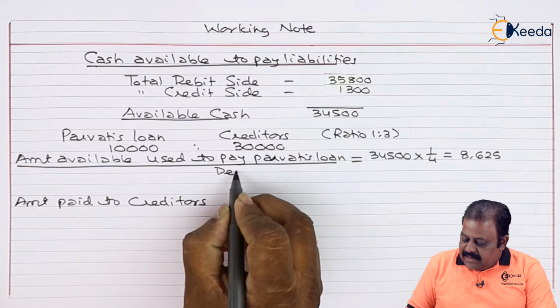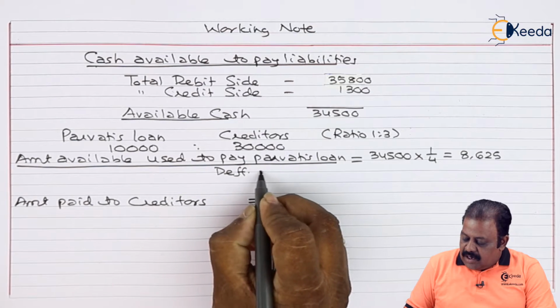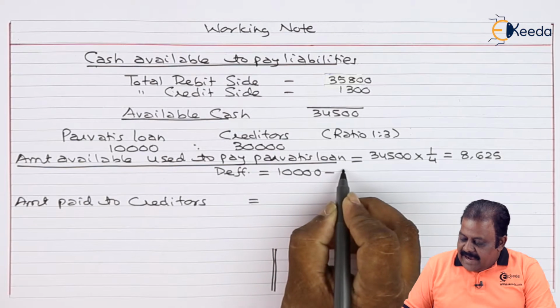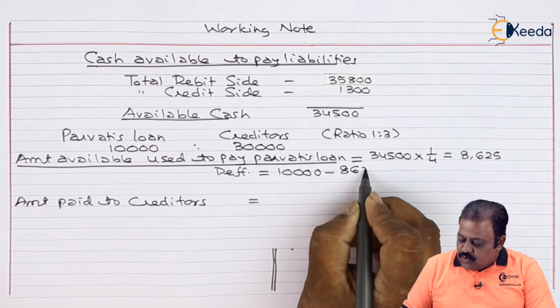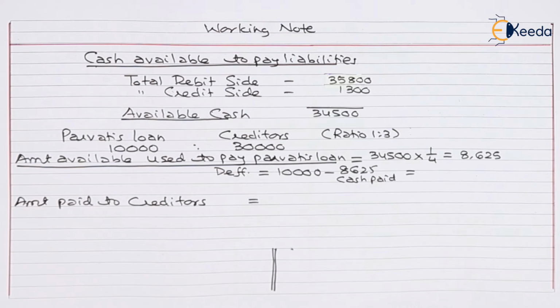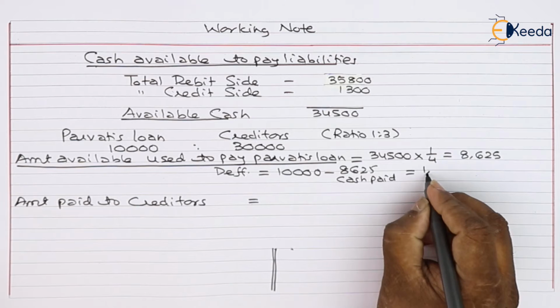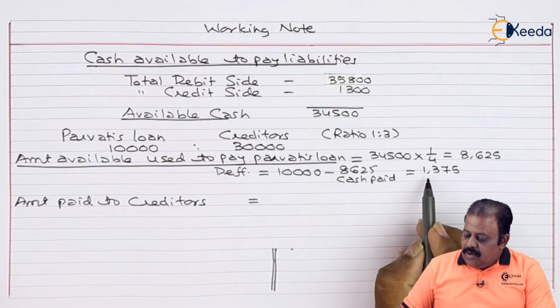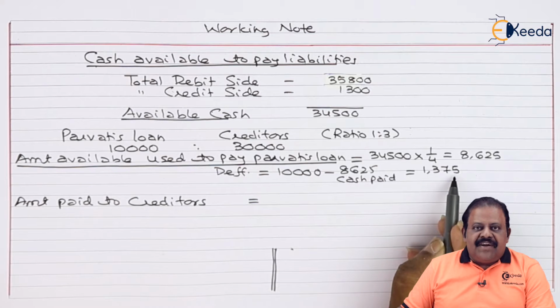We can calculate the deficiency on her account. Loan was of 10,000, cash paid will be 8,625. Thus deficiency will be 1,375.